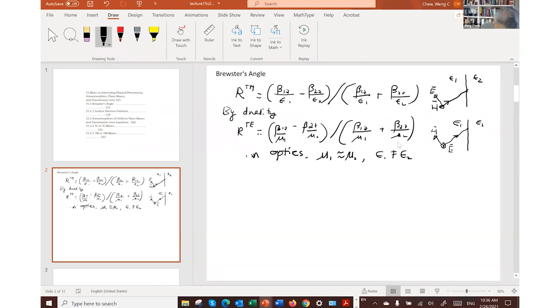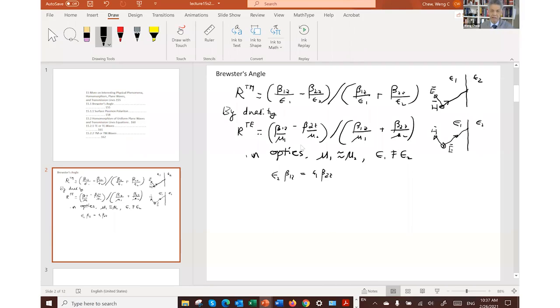So this makes a very interesting difference, which is that I could set the numerator of this to be 0, and you can find angles at which this is possible. Whereas when you set the numerator of R_TE to be 0, when mu_1 equals mu_2, there are not too many angles, or maybe sometimes not even a single angle, at which you can make this numerator go to 0. For instance, you can set epsilon_2 beta_1z equal to epsilon_1 beta_2z.